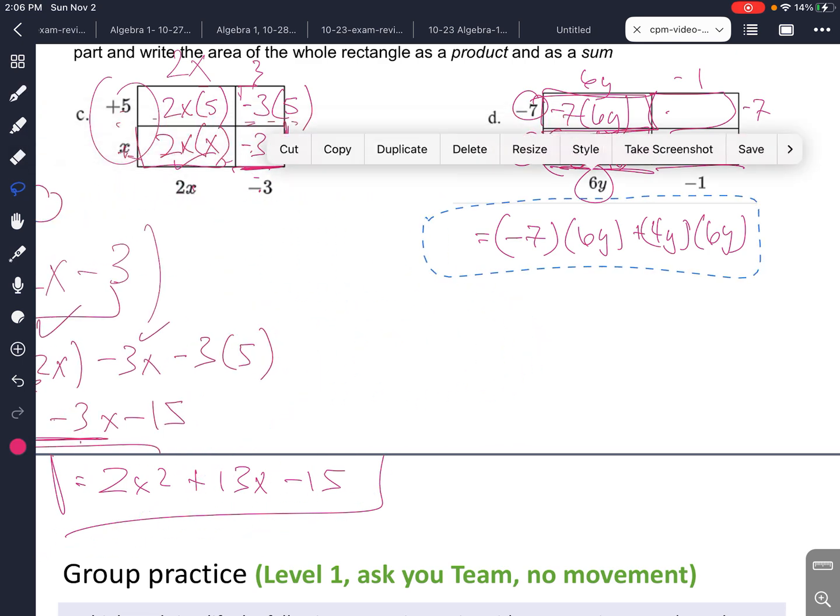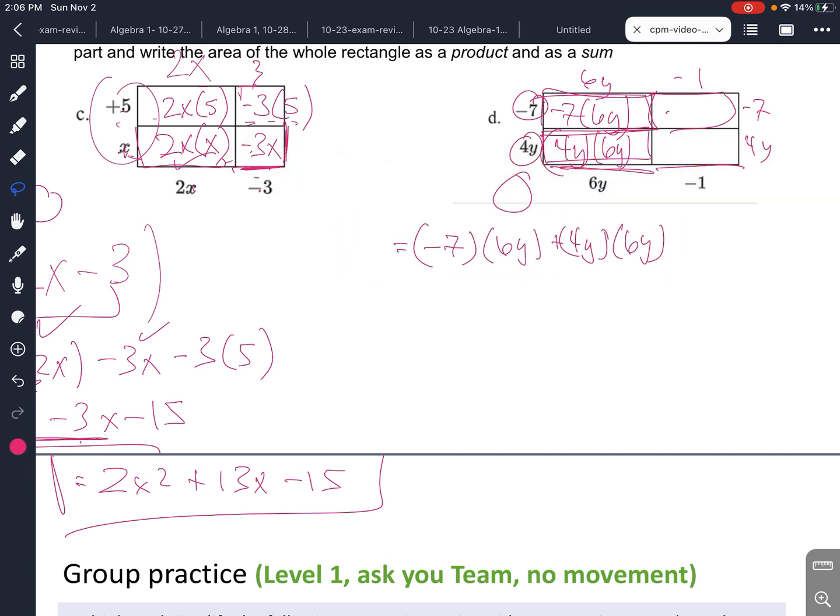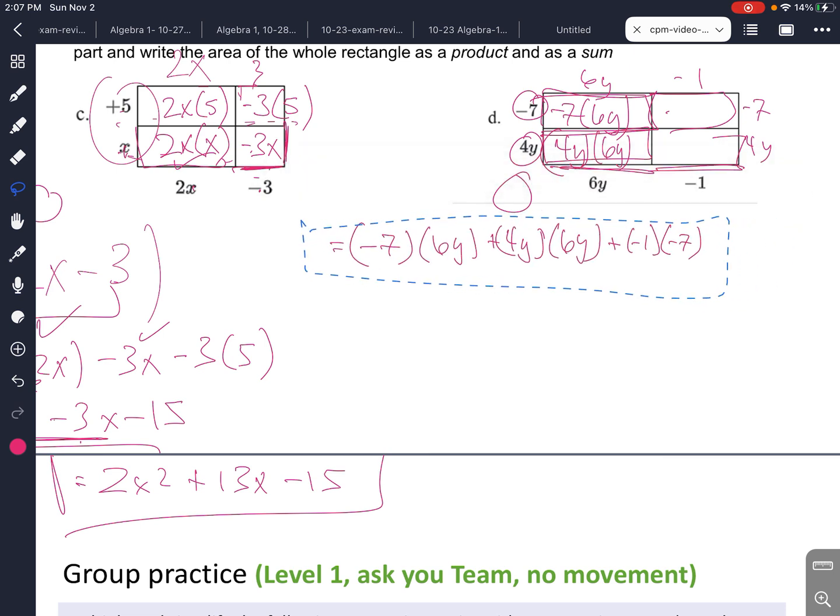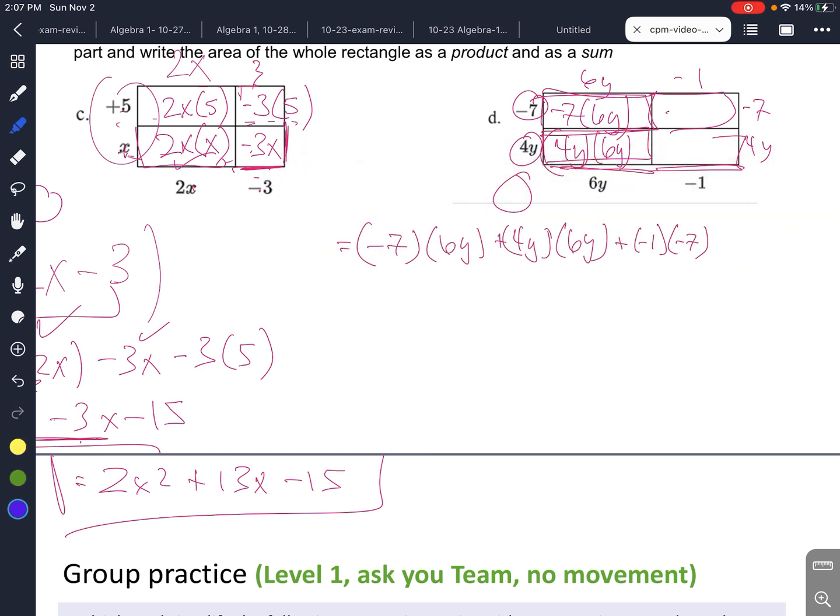Here, in this rectangle, I have plus a -1 times a -7. And for this rectangle, I have a 4y, I'm going to say plus a -1 times a 4y. So all I'm doing is doing my rectangle.